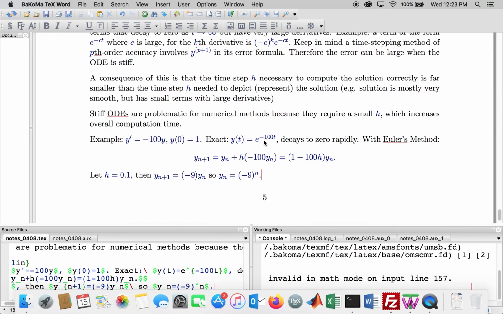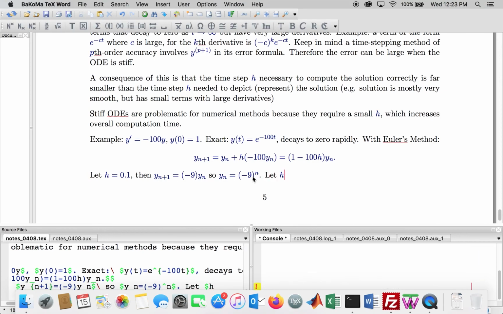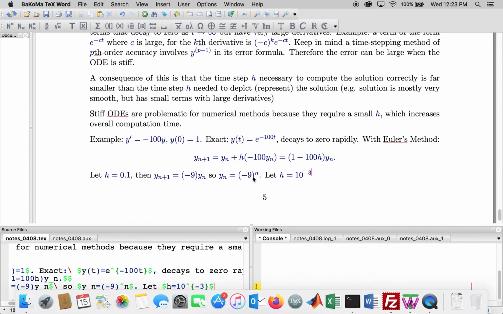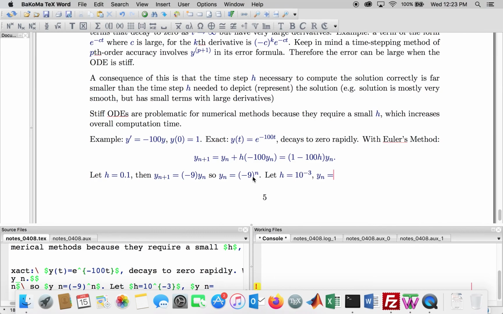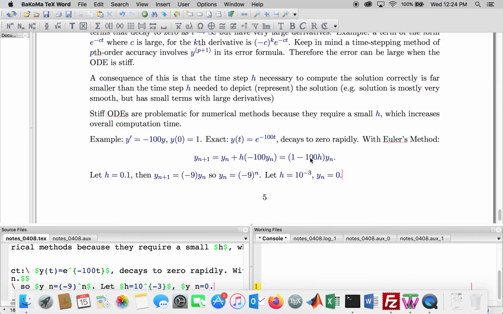Well, the exact solution decays to 0 very quickly. This grows exponentially, so it's way, way off. Instead, if I let h equal 10 to the minus 3, then my multiplier is going to be 1 minus 0.1, so 0.9, and y_n is 0.9 to the n.